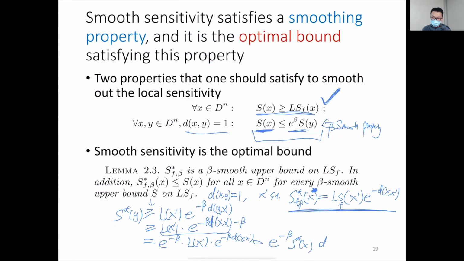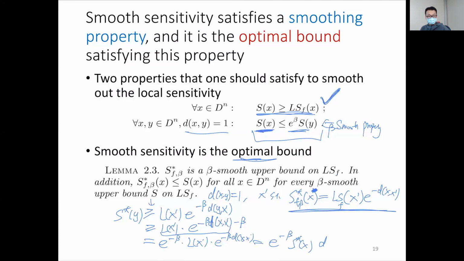Okay, so this shows that the smooth sensitivity satisfies the beta smoothing property, and as a matter of fact, the smooth sensitivity is the optimal bound. It's the smallest possible upper bound that satisfies this smoothing property. I will not prove this to you. I'll leave this as an exercise, and maybe I'll ask you to prove this in the last homework question.